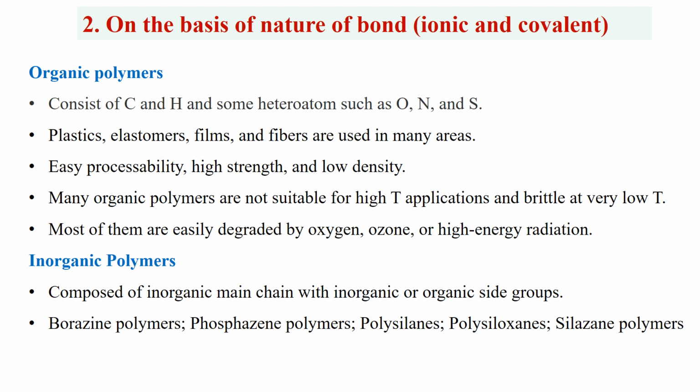On the basis of nature of bond, that is ionic and covalent. Although we have focused on organic polymers, there are some inorganic polymers too. Organic polymers usually consist of a backbone chain of carbon and hydrogen, and there are some heteroatoms such as oxygen, nitrogen, and sulfur, which are frequently present in these types of polymers.